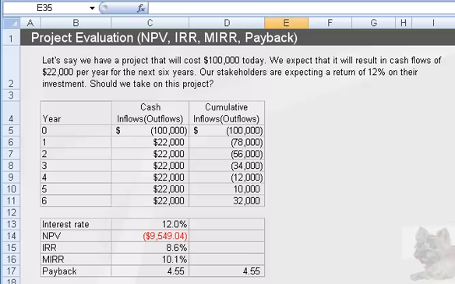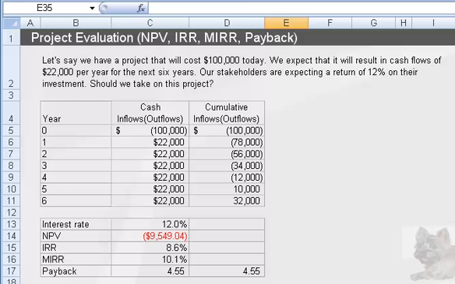All right, well, based on all of this, what do we know? Should we take on the project? Since NPV is negative, the answer is no. The other way to evaluate this is both the internal rate of return and the modified internal rate of return are coming up with an interest rate that is lower than the expected rate of return that our stakeholders are looking for.